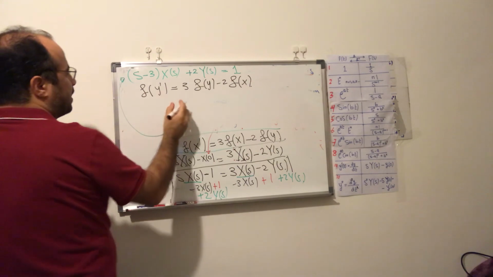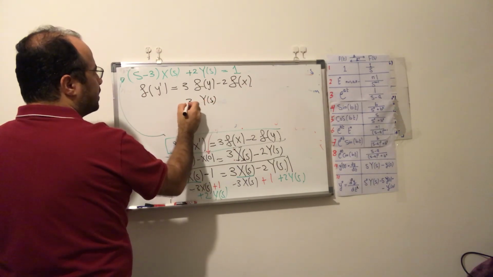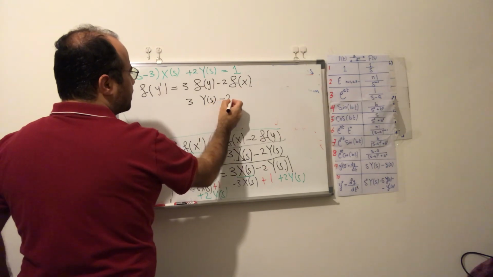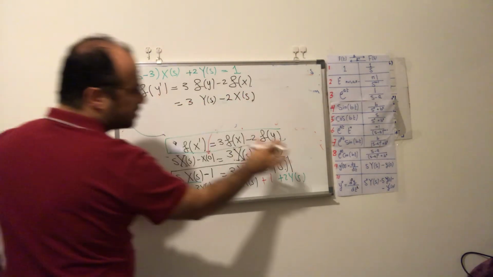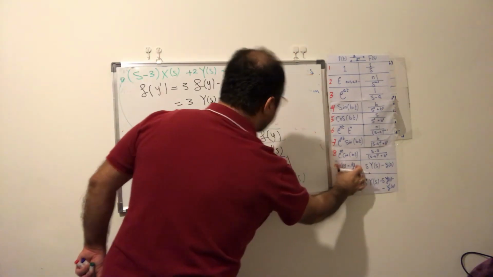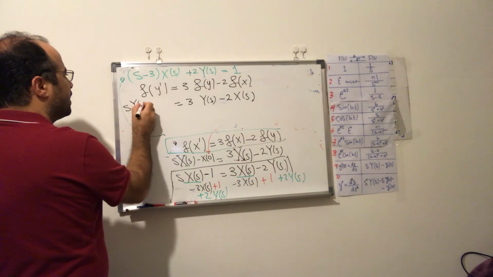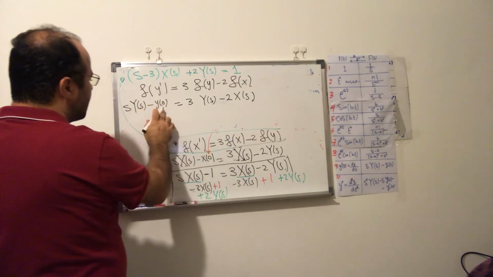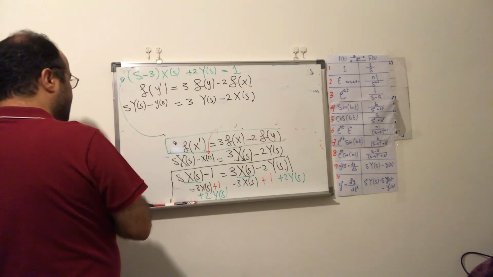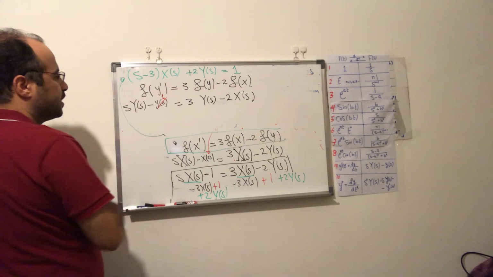Again we call this Y big of s, and here is the 3, and here is minus 2X of s. On this side you use the Laplace transform for the derivative. Then you're going to have s Y of s minus y small at 0. y small at 0 is 1. So I'm using the initial condition now. This is given in the question, it is 1.